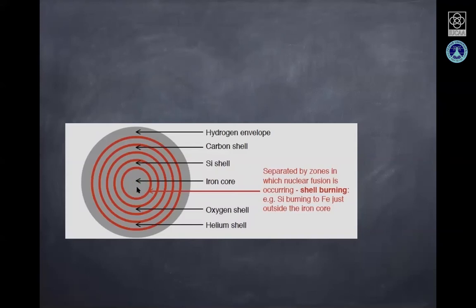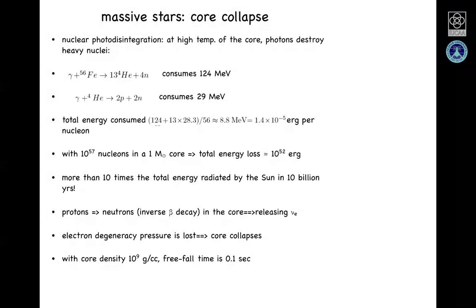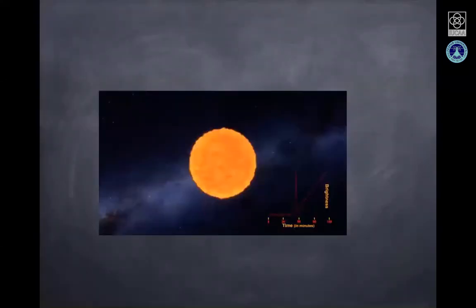The people outside won't know, they will still try to go inside, but there's going to be a pressure, and the whole queue is going to be destroyed. That's how the whole star is going to be destroyed. And here's an animation of what happens.